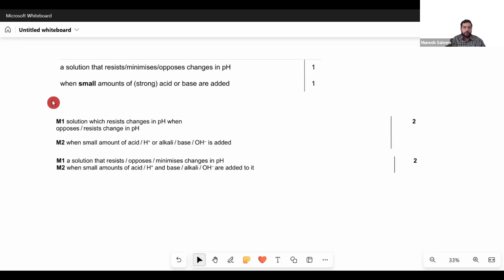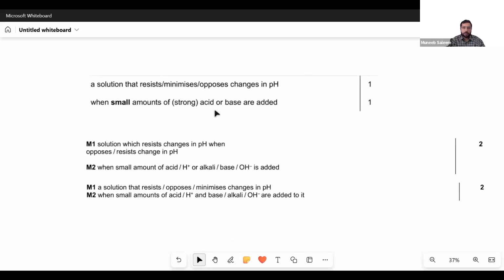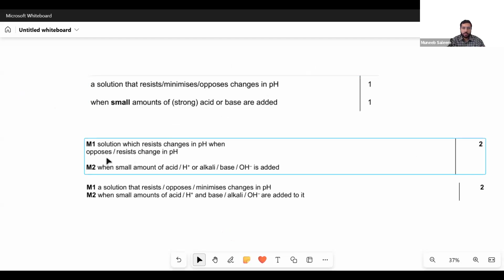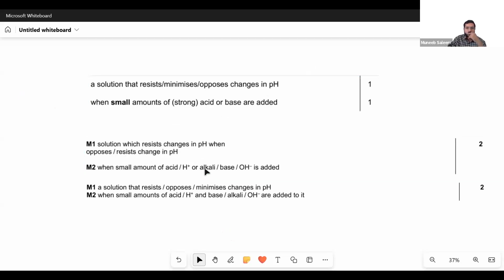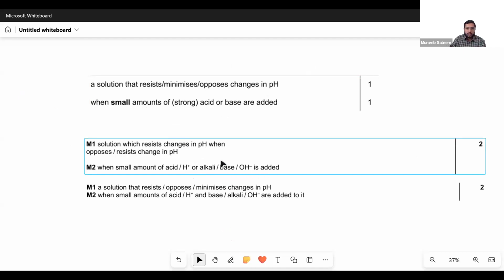Right, so here are the multiple answers to the same question. You can write it like this: a solution that resists or minimizes change in pH when a small amount of strong acid or base is added. You can write a solution which resists change in pH when a small amount of acid, hydrogen ions, and alkali, base, are added.